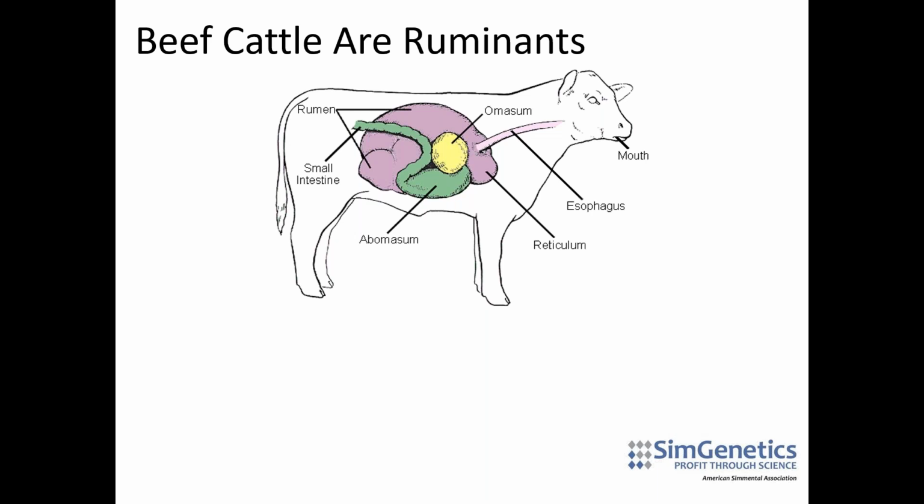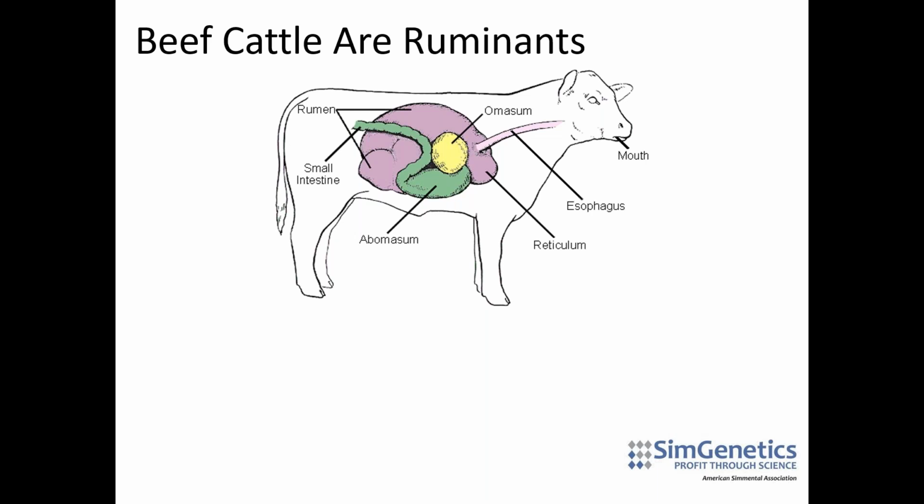In the omasum, once feed is small enough in particle size, it's going to flow into the omasum. The omasum is important because it helps draw back and pull back a lot of water from that feed. That's a way that the animal almost recycles water back into the system. And then the fourth compartment is the abomasum.